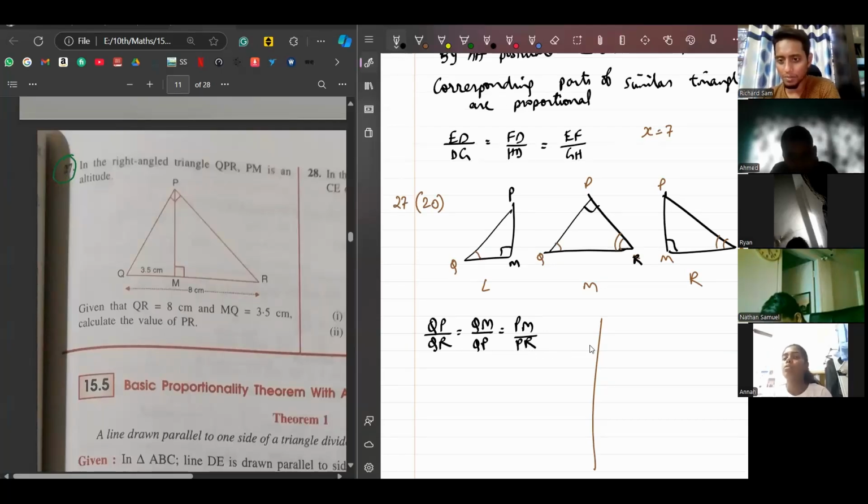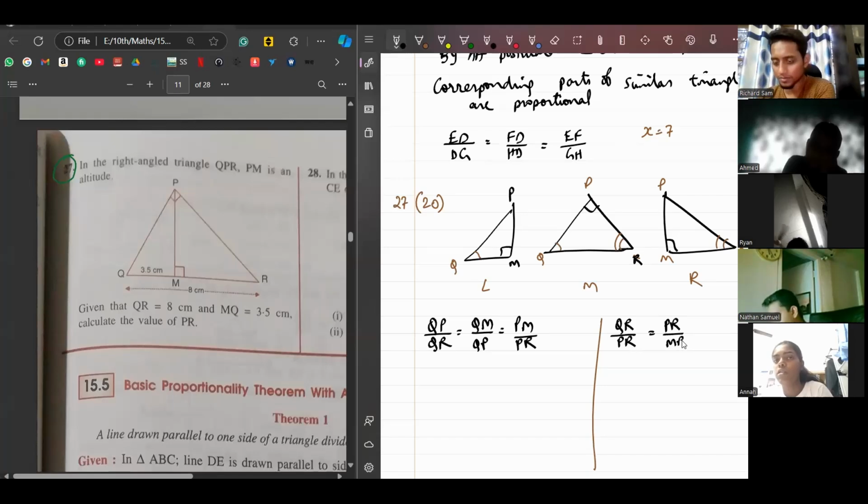Now in the middle and the right triangle, tell me all the sides that are corresponding. First we'll start with the hypotenuse. That is QR. And over here? PR. Then the side that we know between the 90 and that known angle. PR, and here, which is that one?